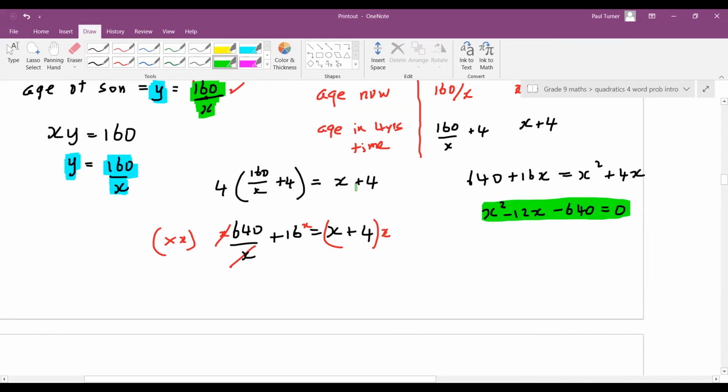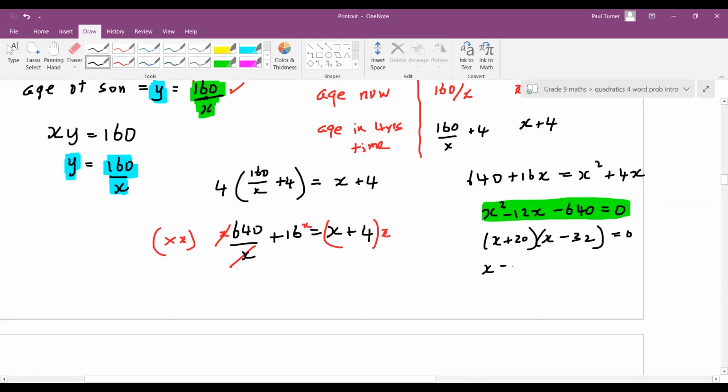So if you factorize that, you're going to get x plus 20 and x minus 32. Those numbers are quite big, so you may want to use your quadratic formula here, but you can factorize it, and these are the factors.